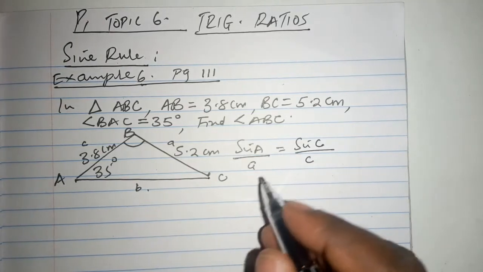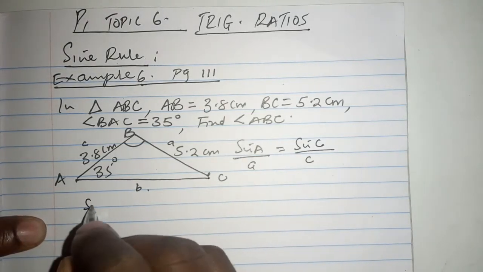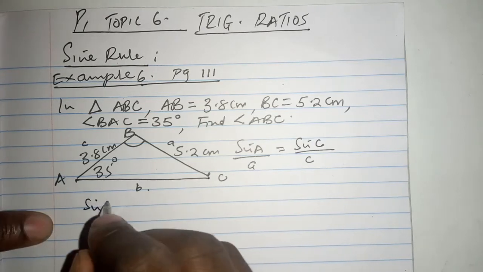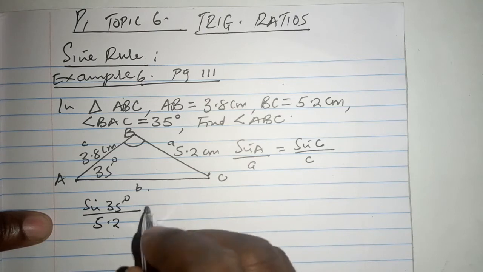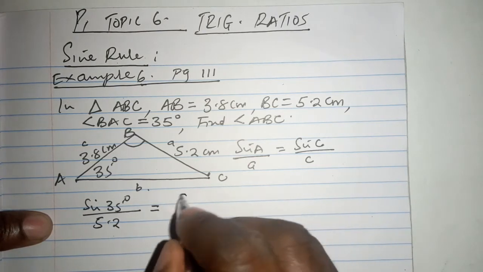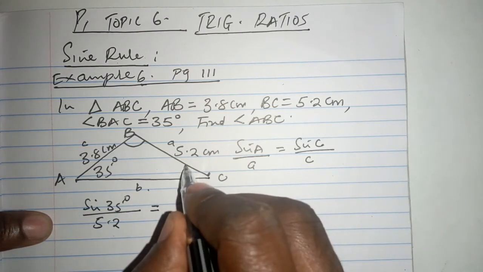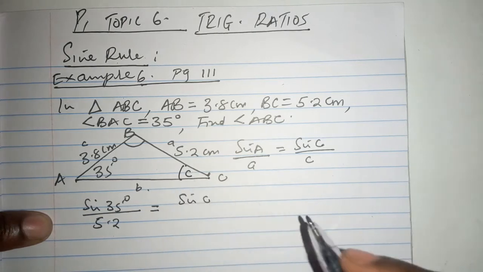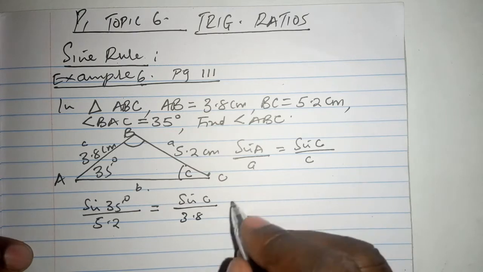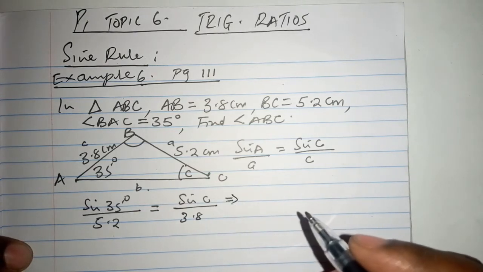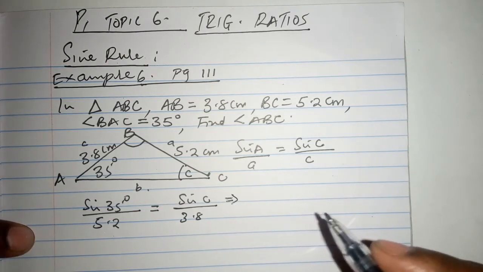So let us substitute this. The sine of A, which is 35 degrees over 5.2 centimeters, is exactly equals to the sine of C, that angle is C, all over 3.8 centimeters. And again, these are two equal fractions. We are allowed to cross multiply.